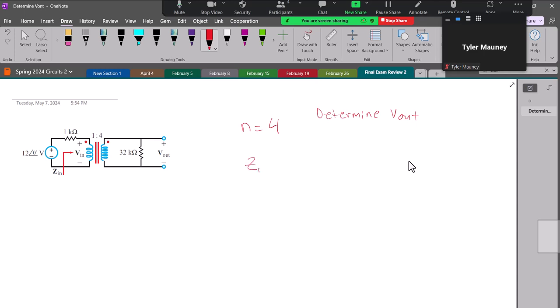We know Zn is going to equal Z load over n squared, which is 32,000 over 16, which is 2,000.